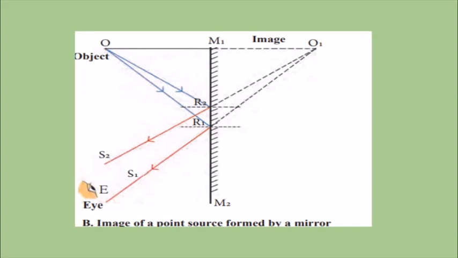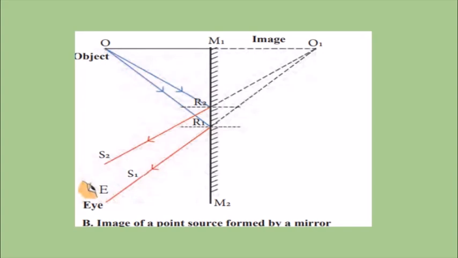Now in this figure, we can see that a point source O is in front of the plane mirror, that is M1 M2 is our plane mirror. Then incident rays are OR1 and OR2. They get reflected according to the law of reflection and they are reflected along the paths R1S1 and R2S2.